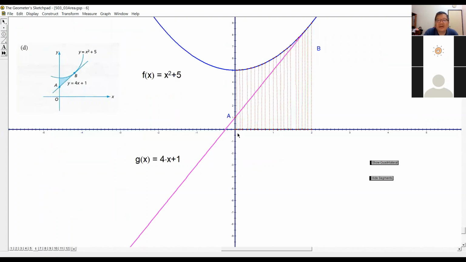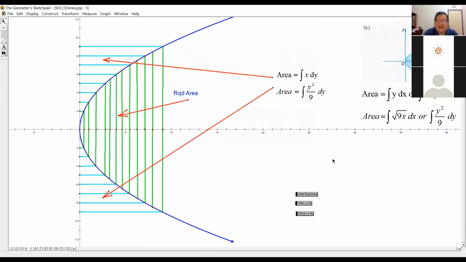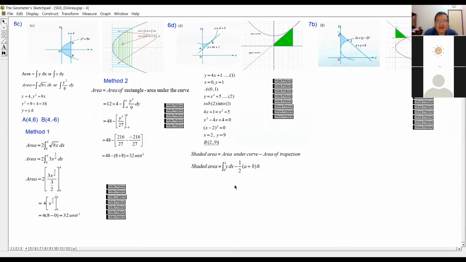Yeah, this one. Can you see the 2 here? From 0 to 2, you integrate this blue curve, and you will get the whole area here. That is given by this definite integral.